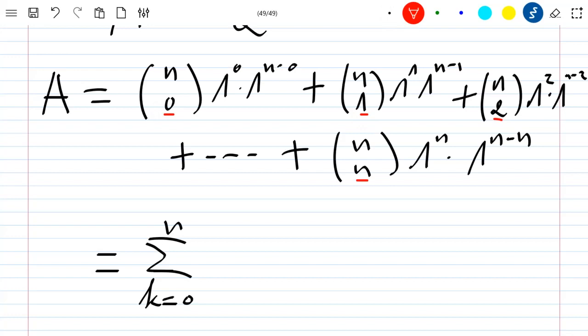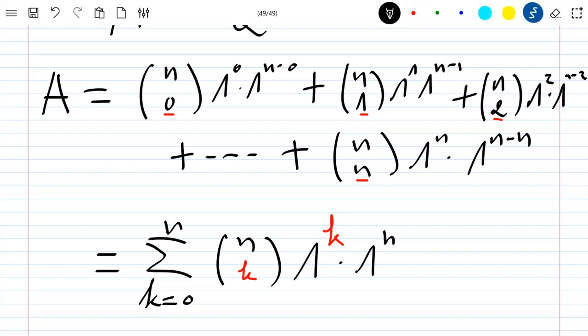So that's why I say for k from 0 to n, of n choose k times 1 power k times 1 power n minus k.